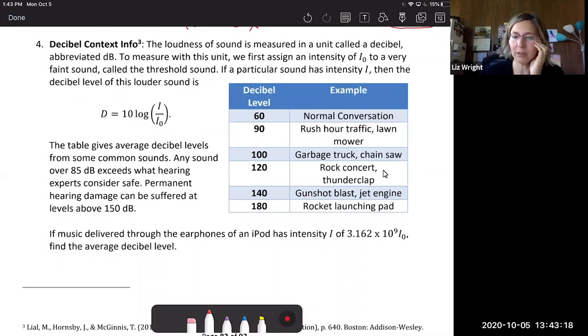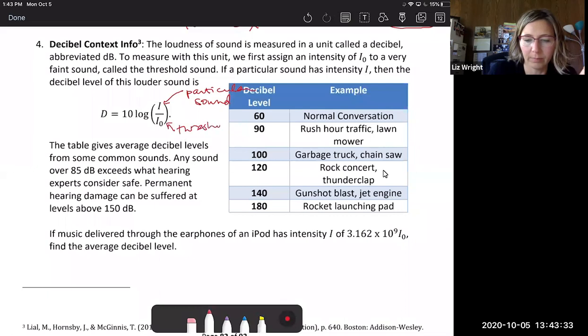If a particular sound has intensity I, so this again is our particular sound, and this is our threshold sound, then the decibel level of this louder sound is given by the following equation.